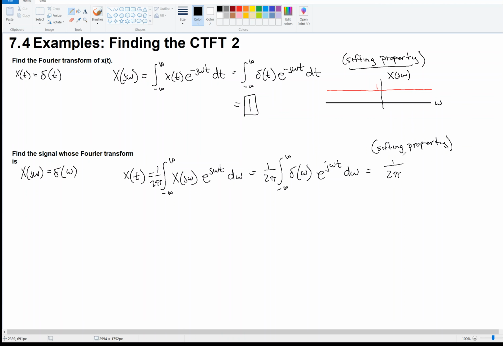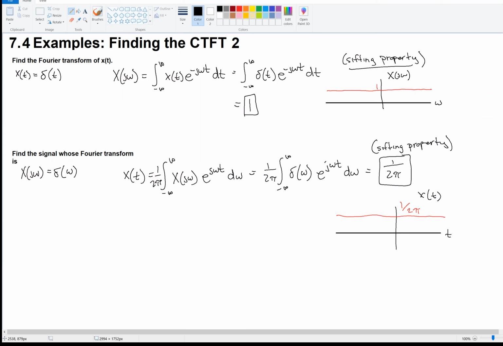The answer is a constant signal, which feels weird to say, but let me plot this signal. I've got t over here, and I know it's very difficult to plot this, but we're going to do it anyway. 1 over 2π, that's x(t).